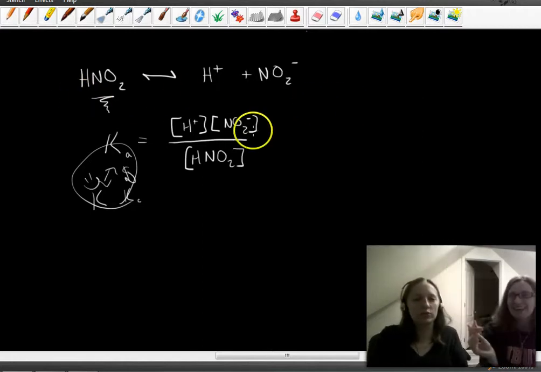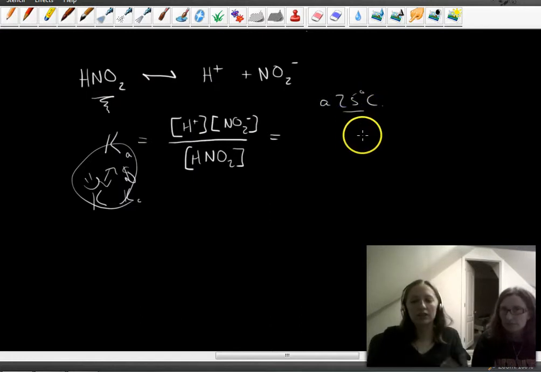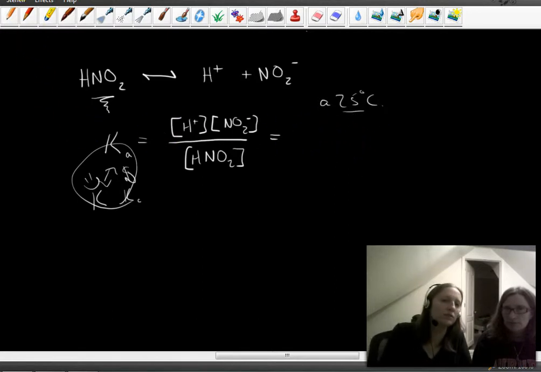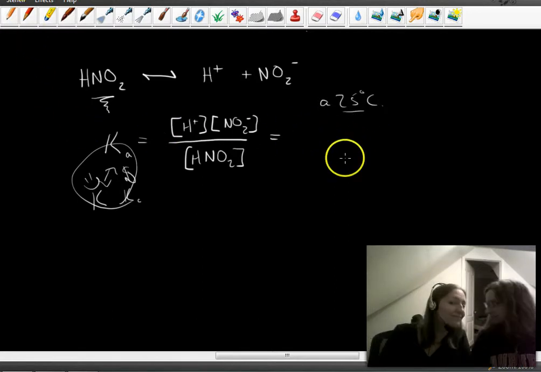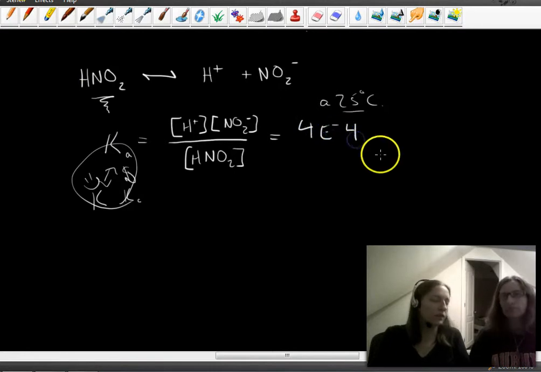So HNO2. You end up with a Ka value at 25 degrees Celsius. Remember that it's got to be at a particular temperature. They're listed for those. Let me go see what the Ka is for nitrous acid. I looked in the back of my textbook, and it informs me that the Ka for nitrous acid at 25 degrees Celsius is 4e to the negative 4.